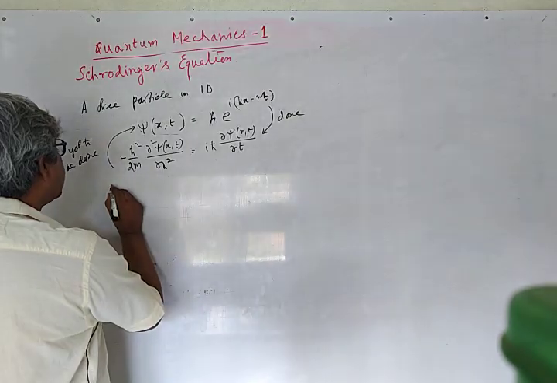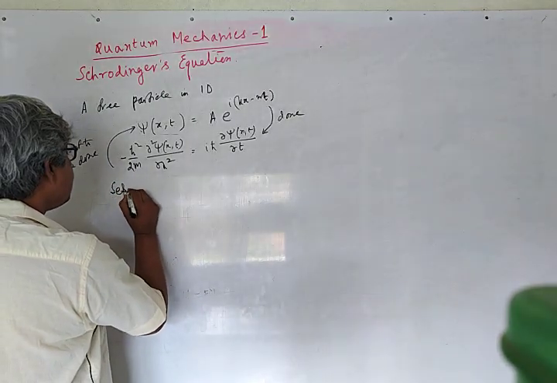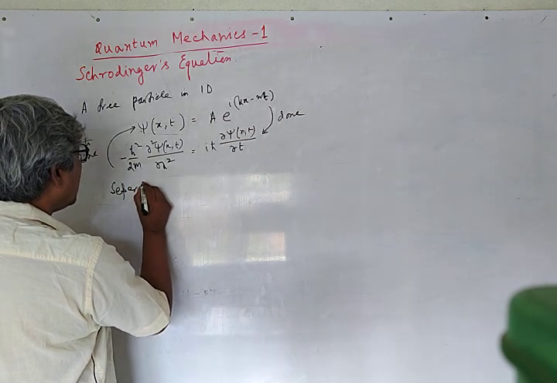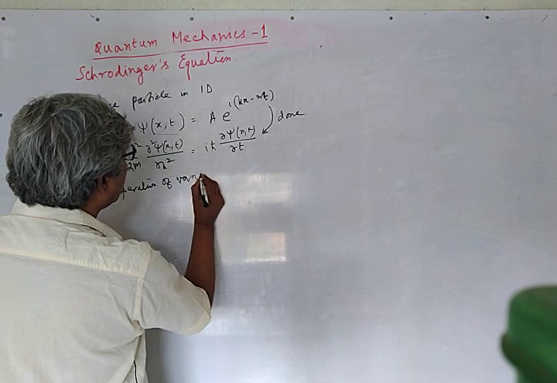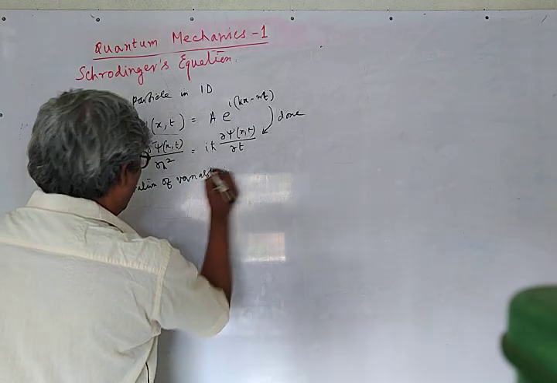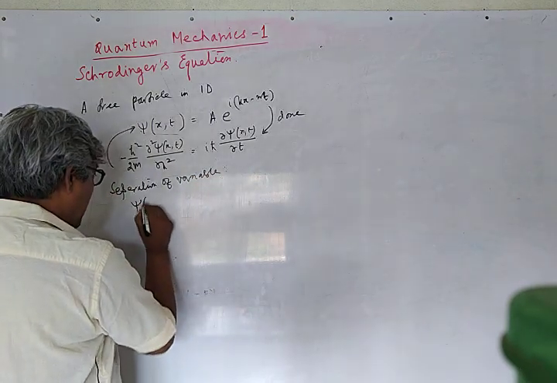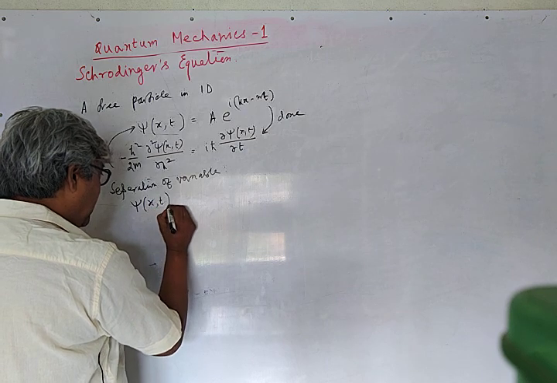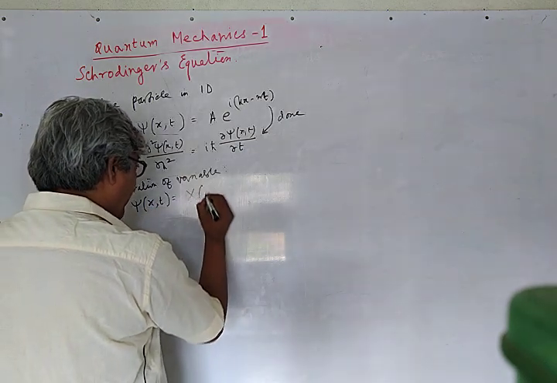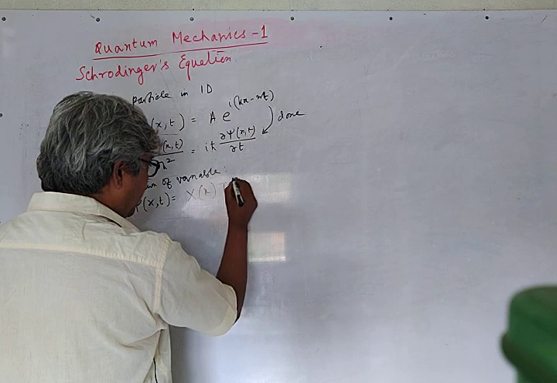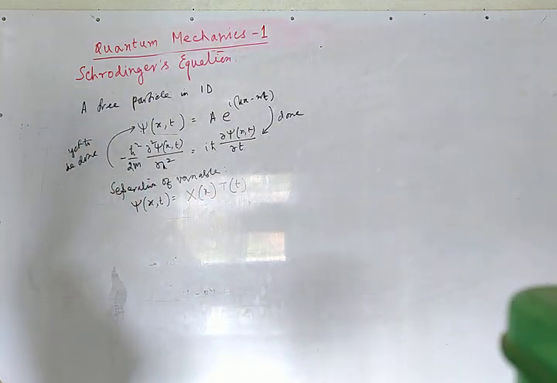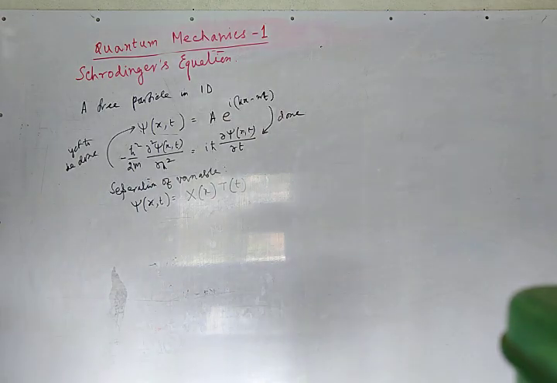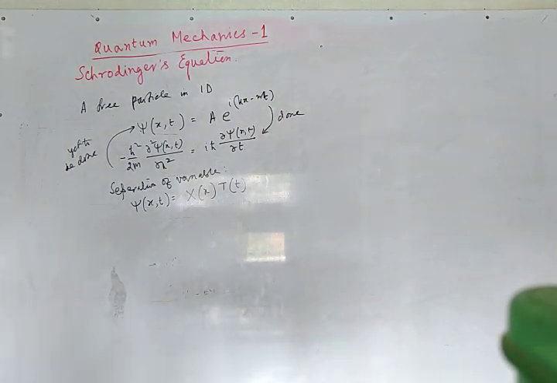So according to separation of variable technique, we write psi of x,t as X of x and T of t, where capital X is a function of x only and capital T is a function of t only.